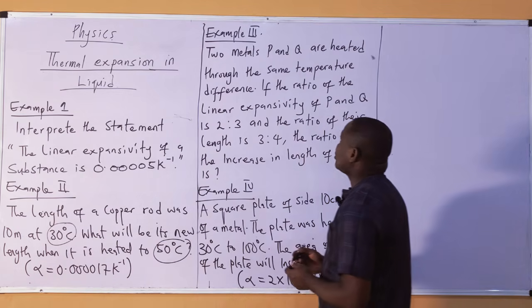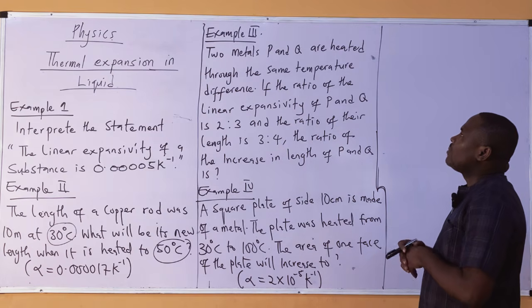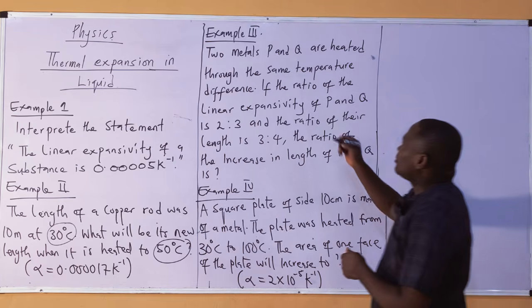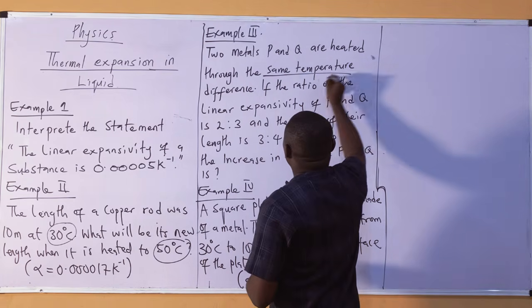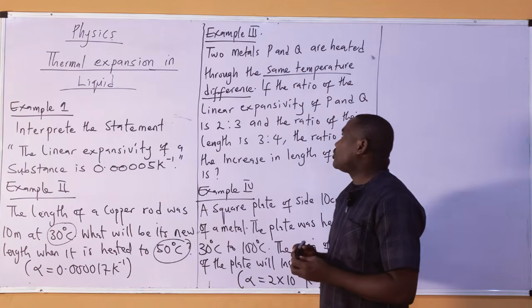Now let's look at question number 3. Question number 3 says, two metals P and Q are heated through the same temperature. Take note of this word, through the same temperature difference. So they have the same change in temperature.